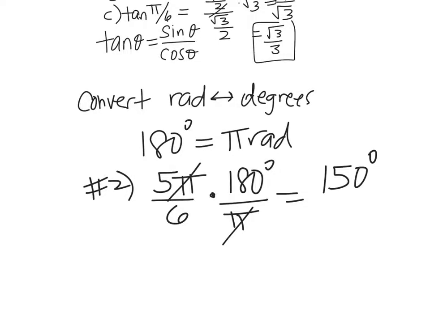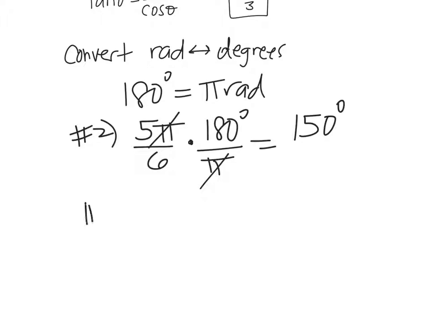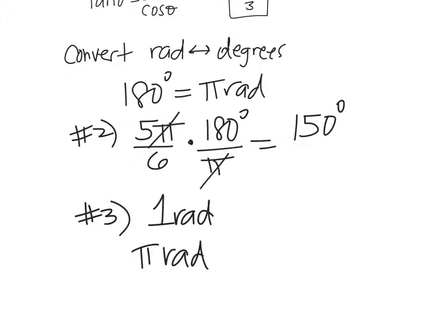Do you know how much 1 radian is in degrees? Pi radians is 180 degrees, but what's 1 radian? Pi radians is about 3.14 radians. Well, what's 1 radian?